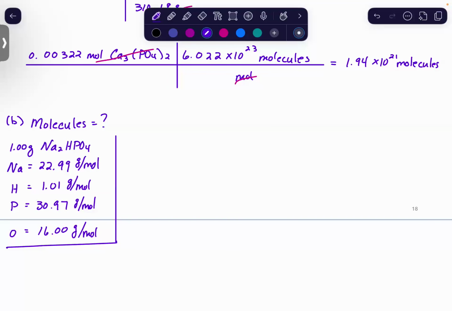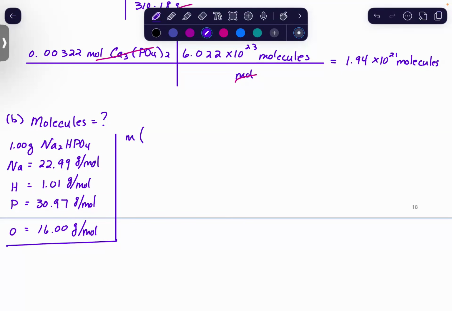So then I can start in again. I'm going to have to go from grams of sodium hydrogen phosphate to moles of sodium hydrogen phosphate and from moles to molecules. So I need the molar mass of sodium hydrogen phosphate. And so what am I going to have to add together? 2 sodiums plus hydrogen plus phosphorus plus 4 oxygens.